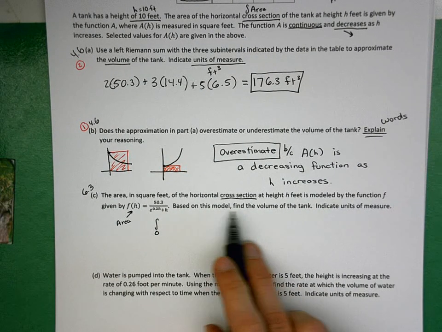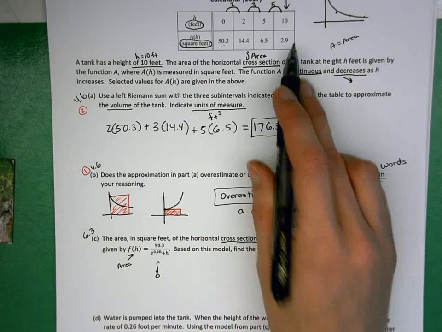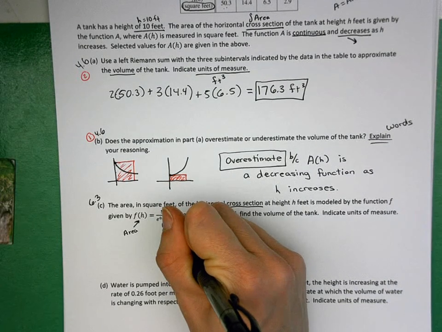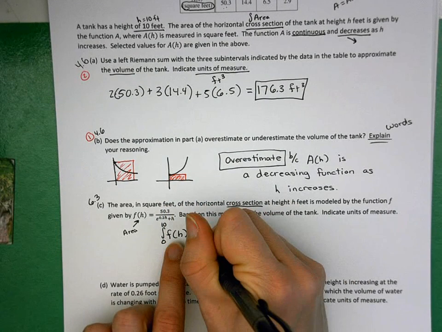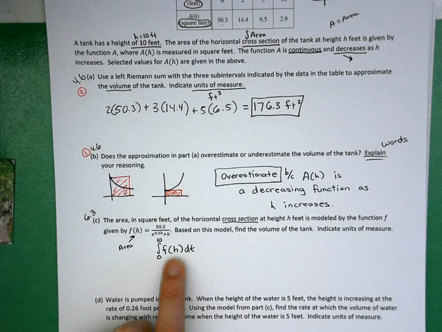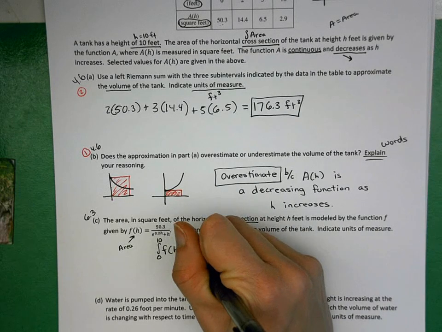Volume of the tank. And the tank goes all the way up to 10 feet. So we're going 0 to 10 of my f of h, which is my area formula. That's what we do with a cross section, right? Integral of area. There's my integral of my area. Okay, and then this one is, I should say dh, not dt.